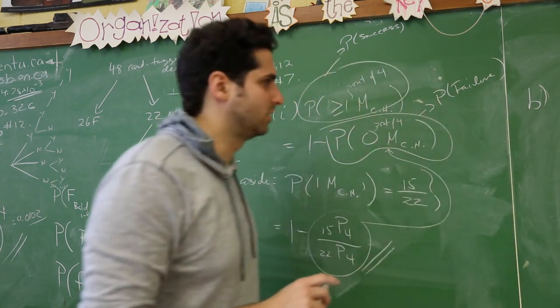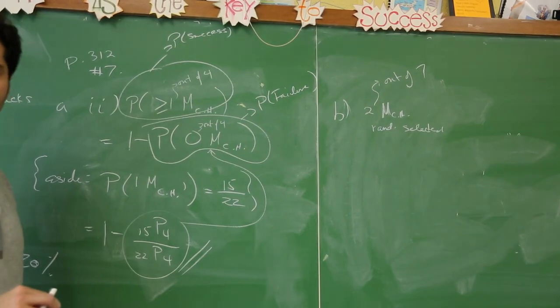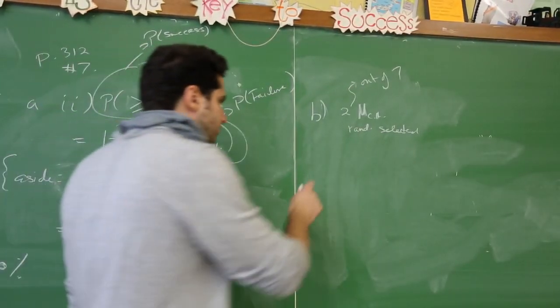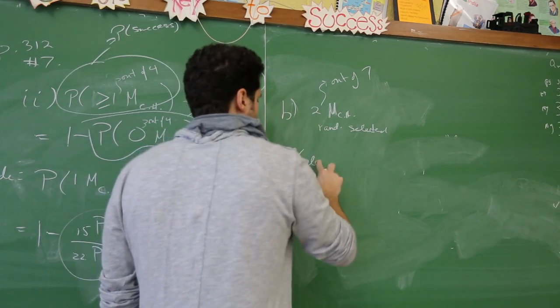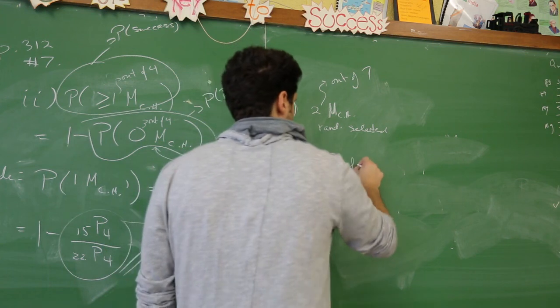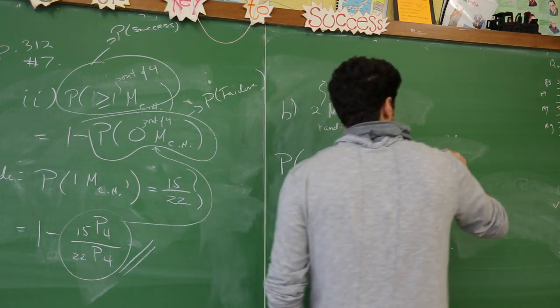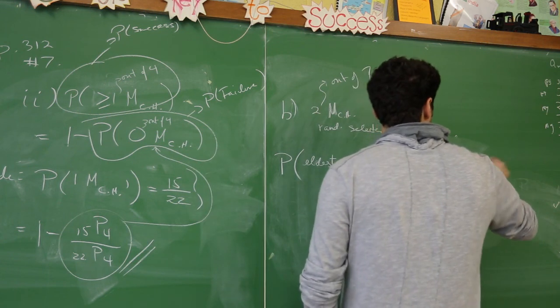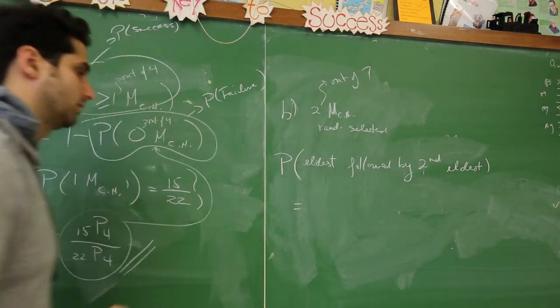If 2 out of the 7 cross-hatched males are randomly selected for a study, what is the probability that the eldest of the 7 will be selected first, followed by the second eldest? This sounds to me just like that question you asked yesterday, Ken.